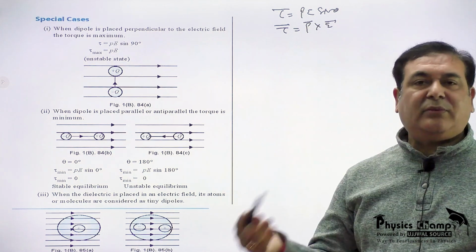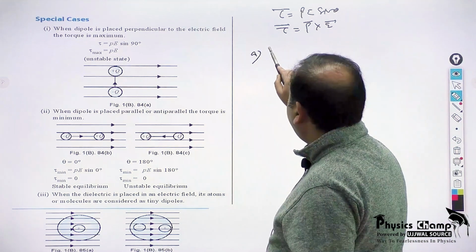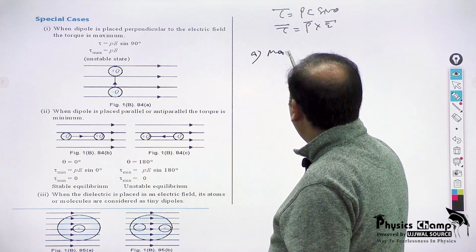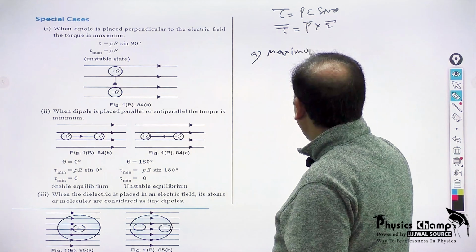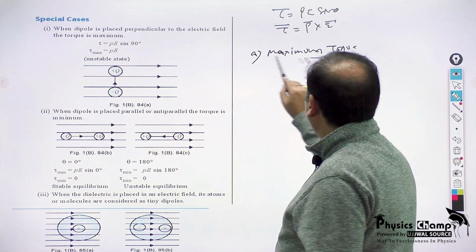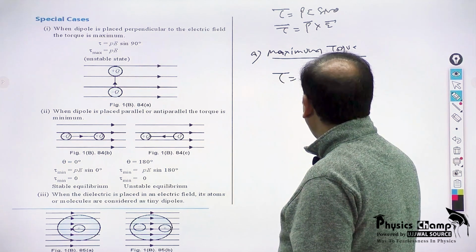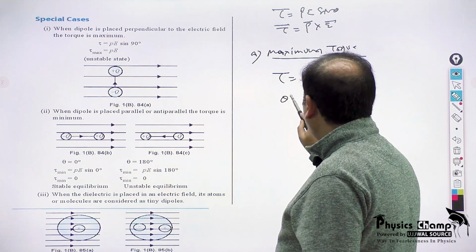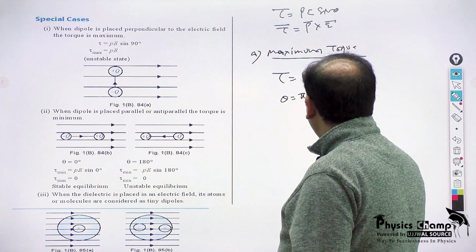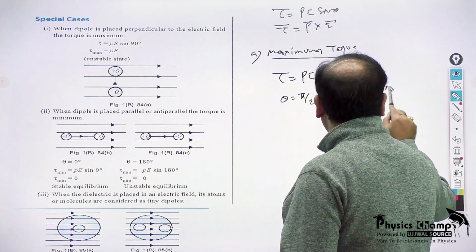I can talk of these special cases. First case, the condition of maximum torque. For maximum torque, I have the formula of torque as PE sin theta. For theta equal to 90 degrees only, sin theta will have its maximum value 1.